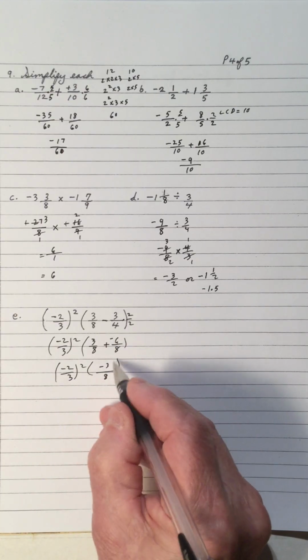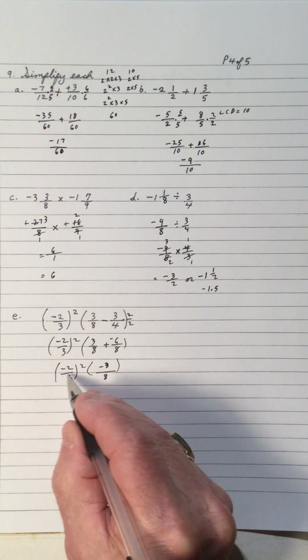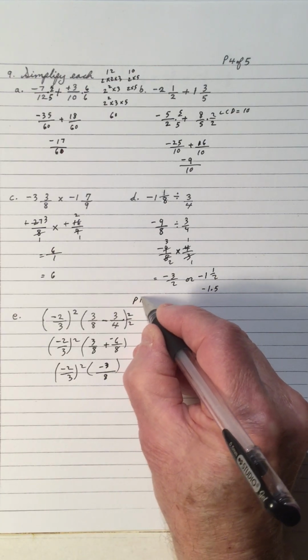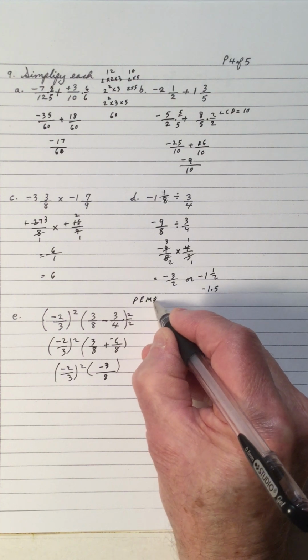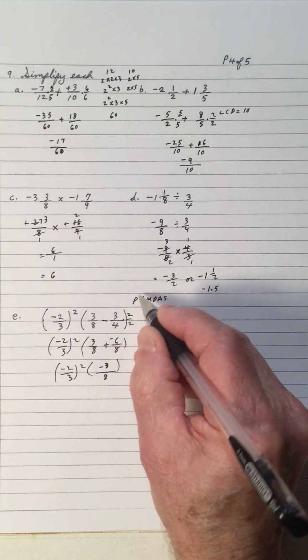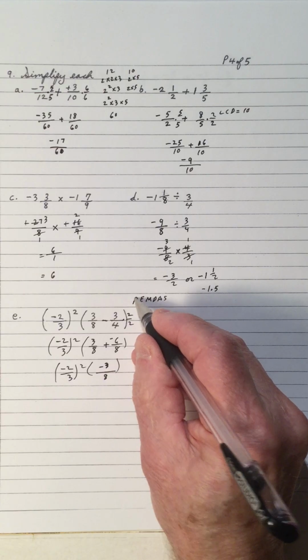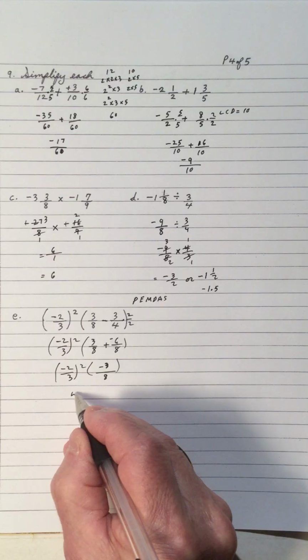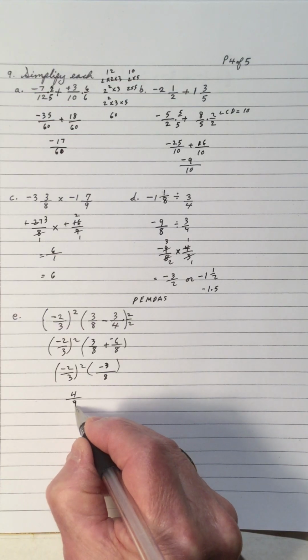Now, we got the inside done. So now we'll square. We're doing PEMDAS. P-E-M-D-A-S. We do the inside of the parentheses first, then we do the exponent. So negative 2 times negative 2 is 4. 3 times 3 is 9.